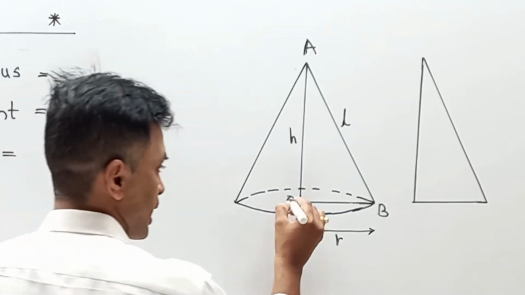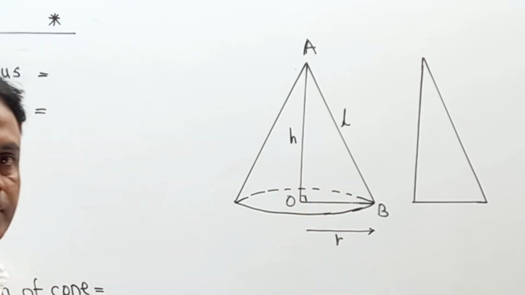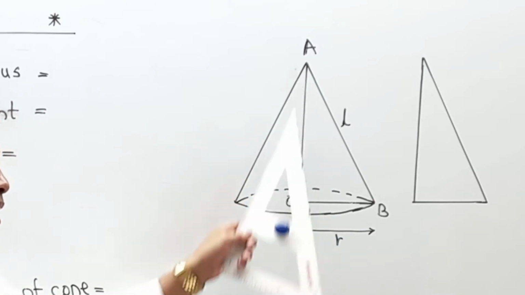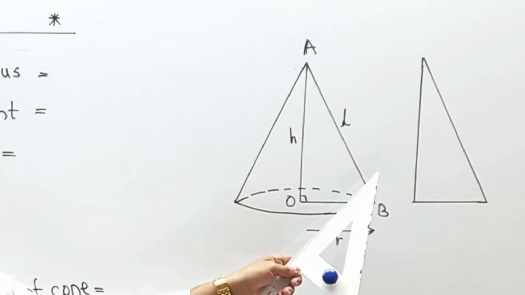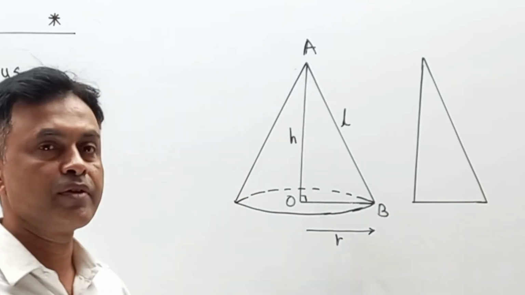Remember, the angle between the radius and height is always 90 degrees. In formulation, sometimes they will give R and H and we have to calculate L, the slant height. Sometimes they will give L and radius R and we have to calculate the vertical height.